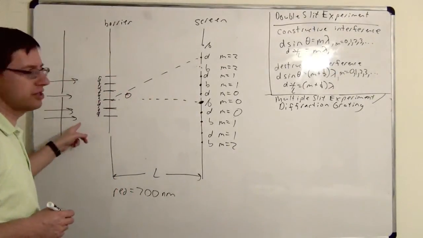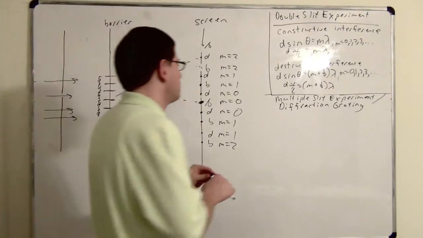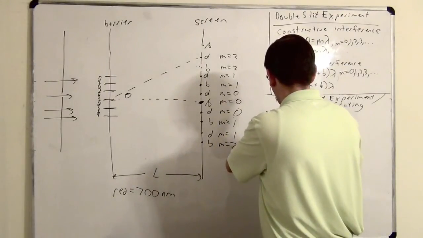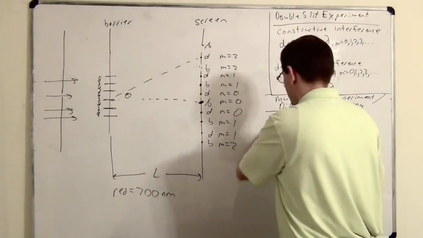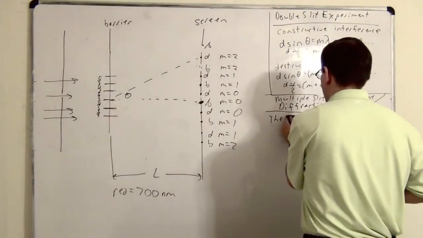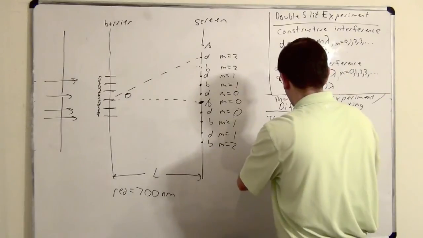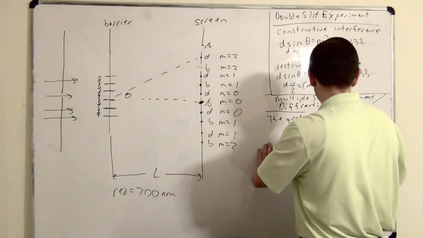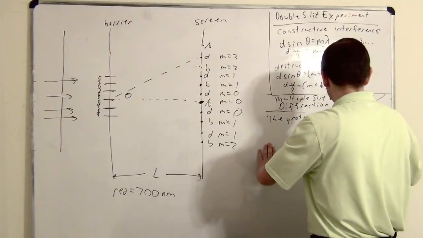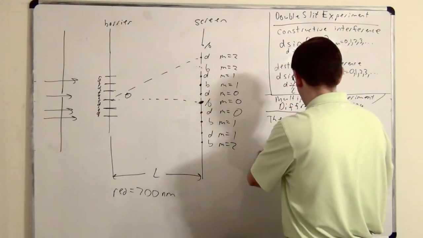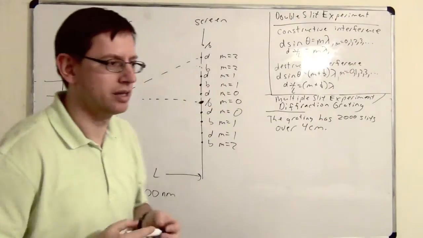However, they don't usually tell you D. What they might do instead is they might say the grating has 2,000 slits over 4 centimeters.